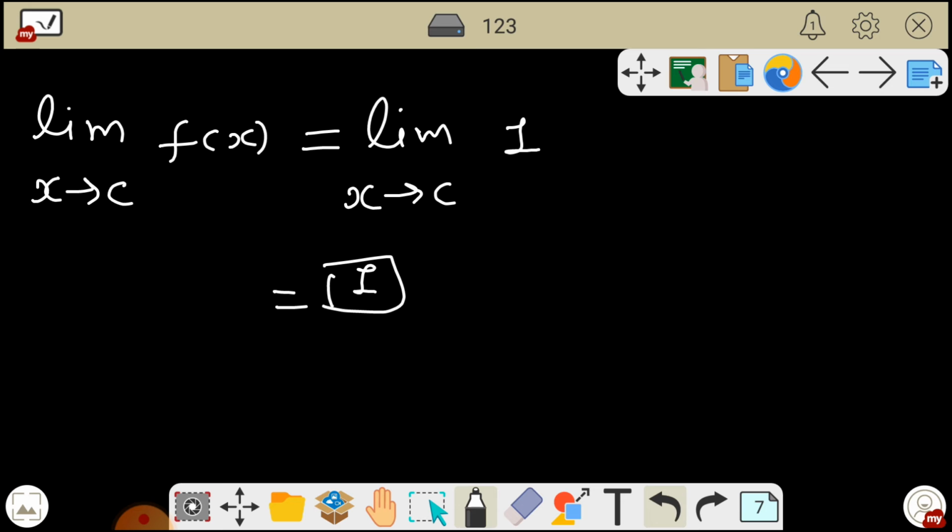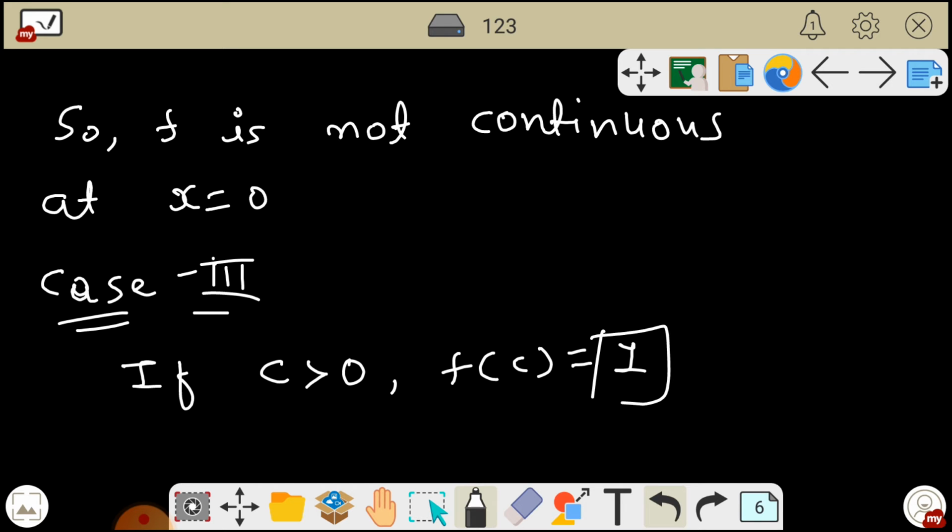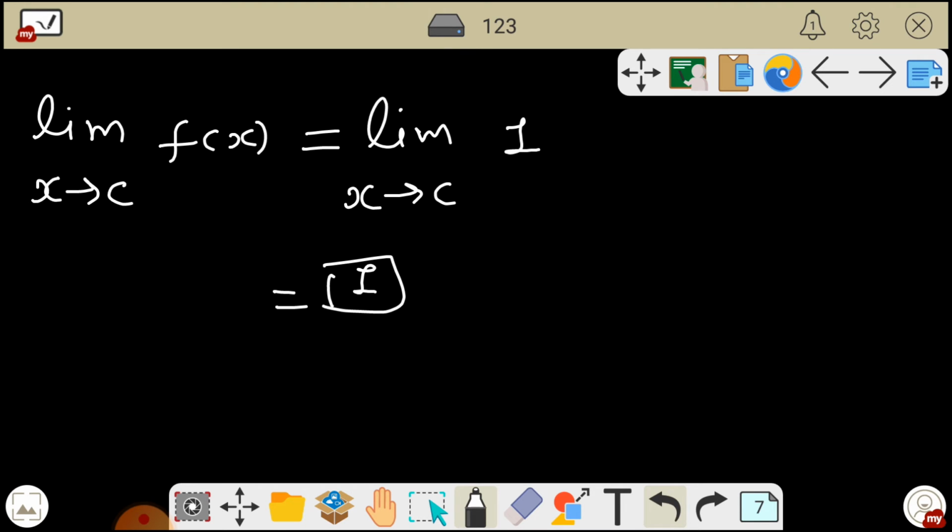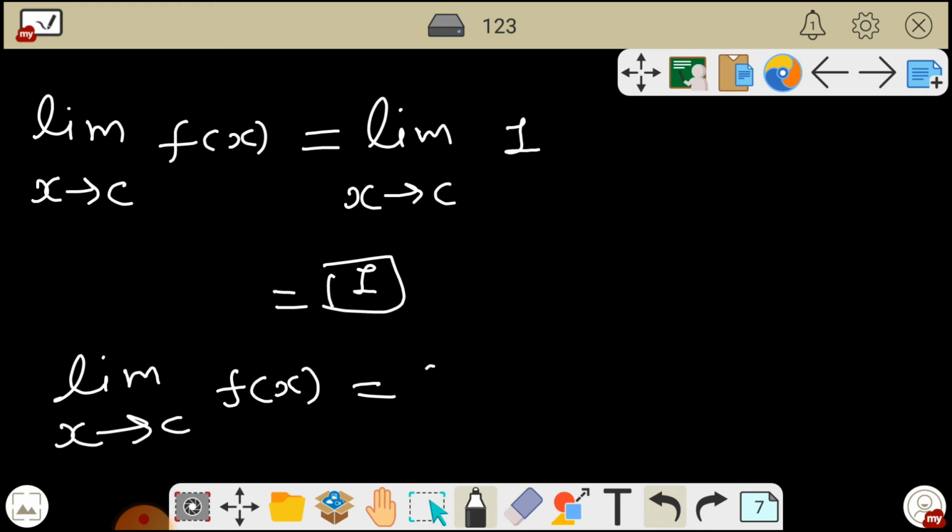So as you can see, f of c is equal to limit x tends to c f of x. That's why the function is continuous at all the points which are greater than 0. So here we can write limit x tends to c f of x is equal to f of c.